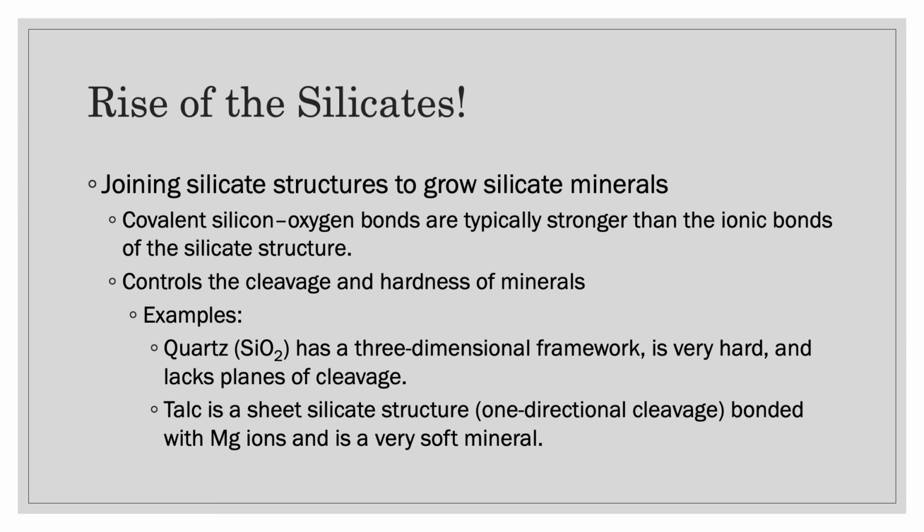Conversely, you have a mineral like talc, which has a sheet silicate structure, and each sheet of silicon-oxygen tetrahedrons is bonded to the other sheets by weaker ionic bonds. And that gives it a one-directional cleavage, and it makes the mineral very soft.